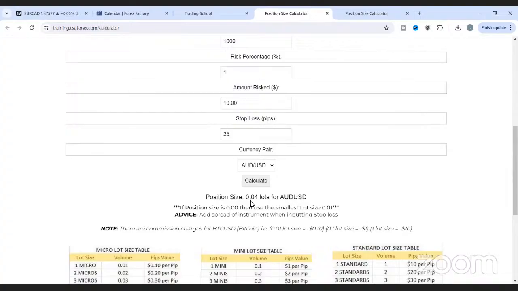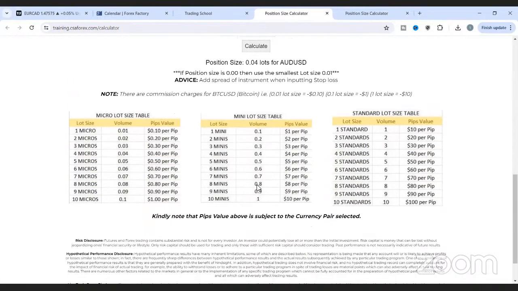So you're supposed to be using 0.04. And if you don't understand what 0.04 means, look over here on the lot size table. Here it is, 0.04, which is 4 micros, and that is 40 cents to 1 pip, just for us to have a better understanding of that.